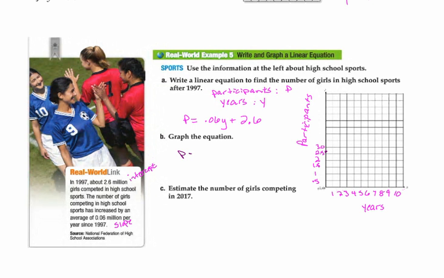So participants after year 10 is going to be 0.6 more. So I know after year 10, I have 3.2. So that kind of helps me out. So after year 10, I'm going to go up to, here's 3. 3.2 is going to be about here because I was going by 5/10.